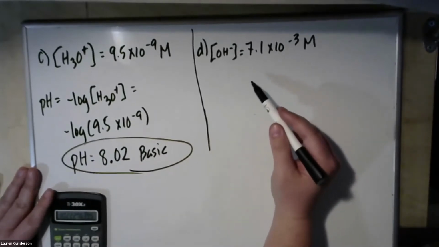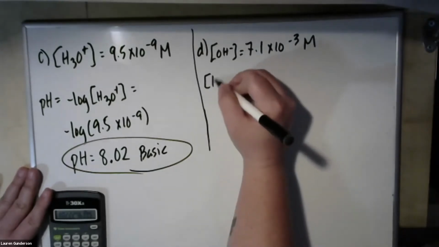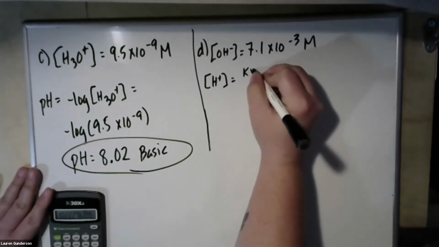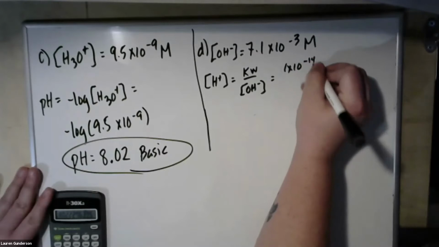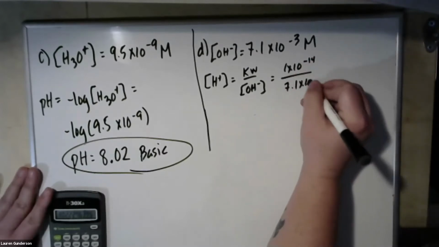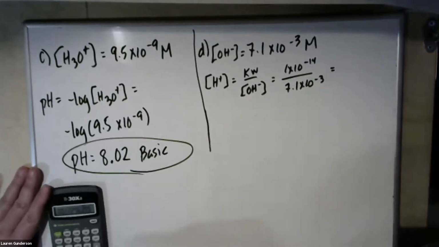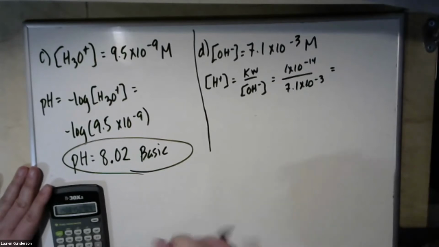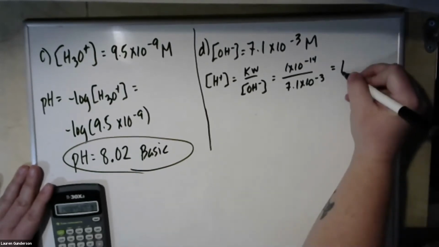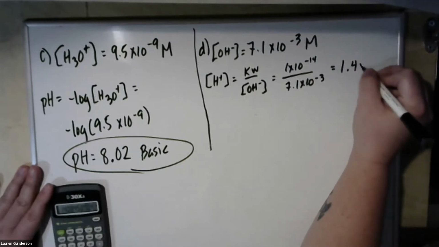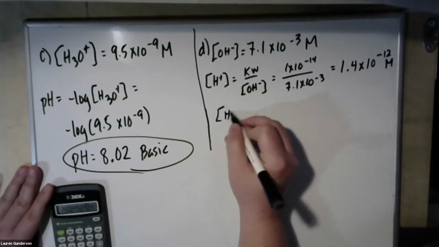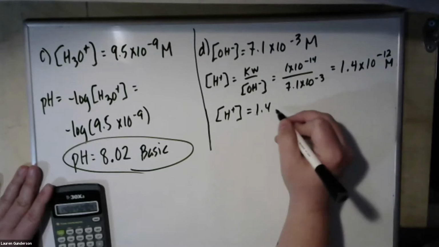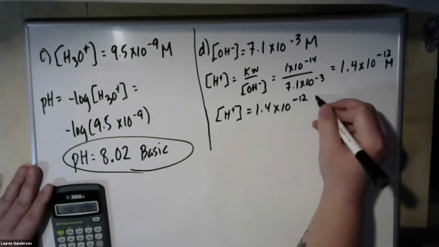And then over here, again, we have two options. We can solve for our H plus. Okay, so we have a hydrogen ion concentration here of 1.4 times 10 to the negative 12.